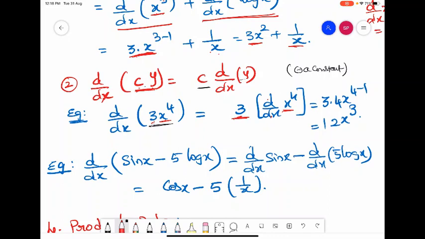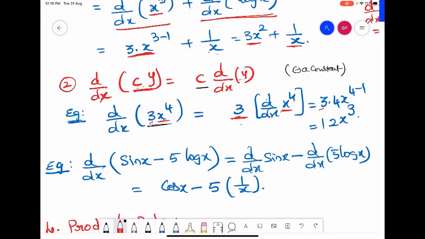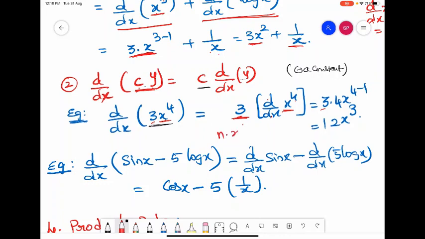So this will be 3 into, again for x power 4, what is the formula we'll use? n into x power n minus 1. That formula we'll use here. Right? So here you have 3 into 4 x to the power of 4 minus 1, which will be 12x cube.